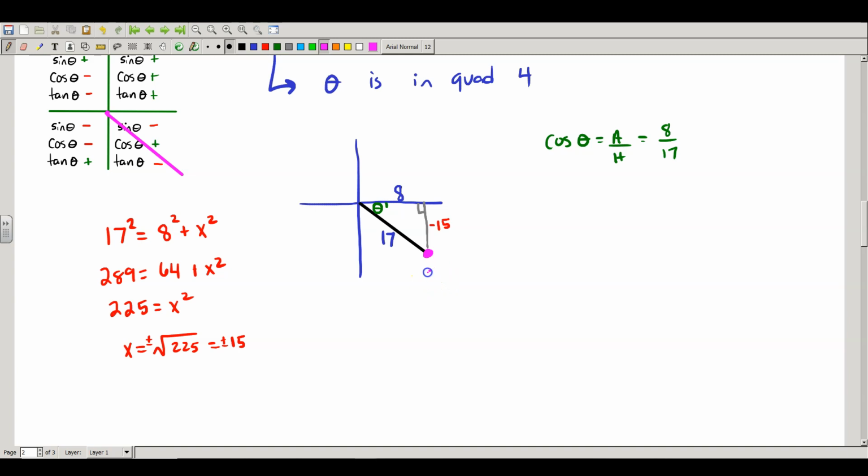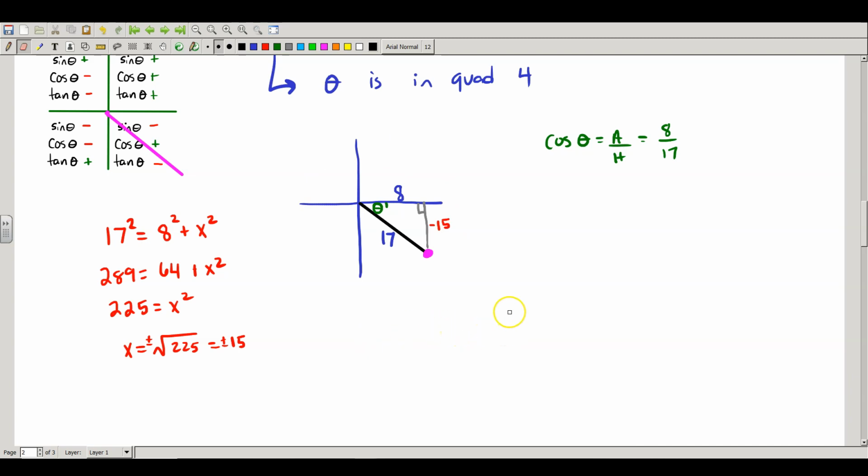So this point would be 8, negative 15. The y value has to be negative there. I'm in quadrant 4, right? So I wouldn't put that as a positive 15, because otherwise what I'm really doing is saying the triangle is up here, when it's not. It's in quadrant 4. So that's really, really important as we do this problem. So now that's our setup. That's our picture. We know it's in quadrant 4 and we have all the sides.